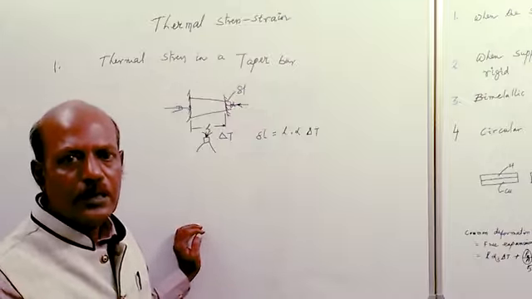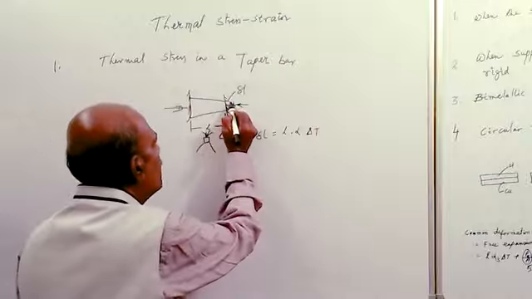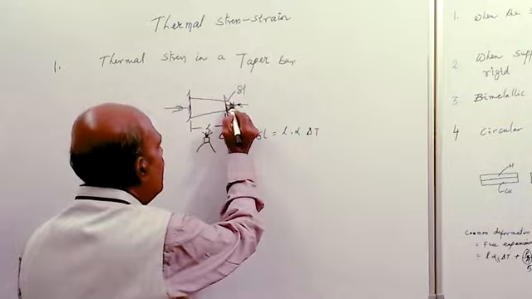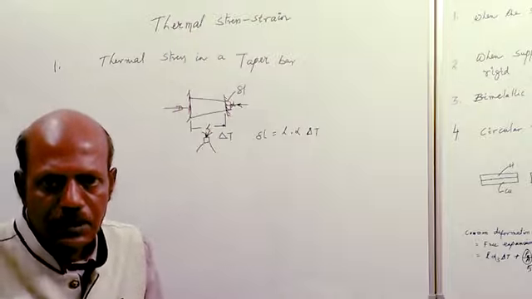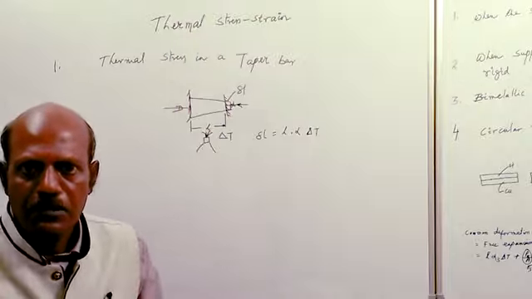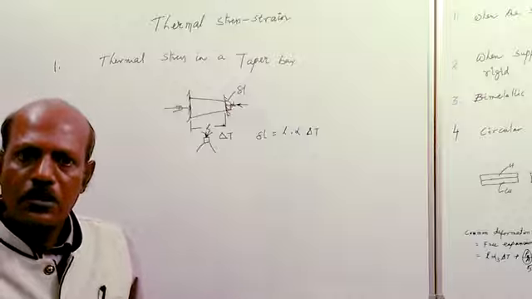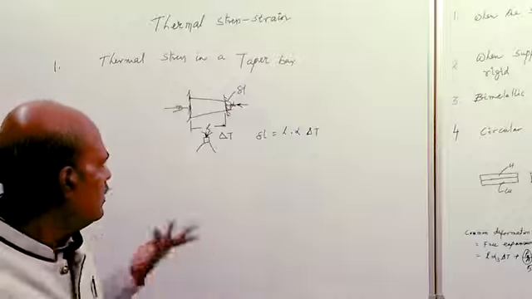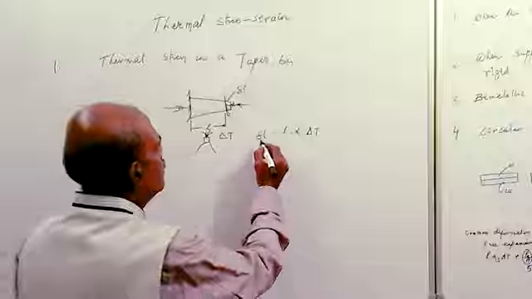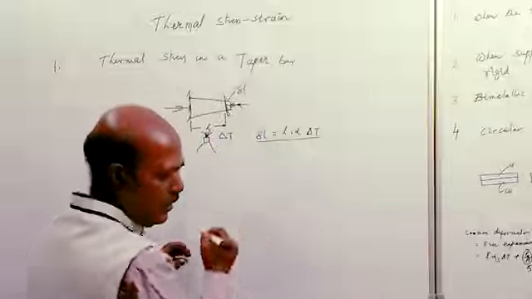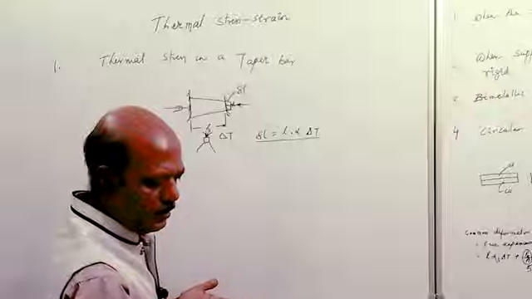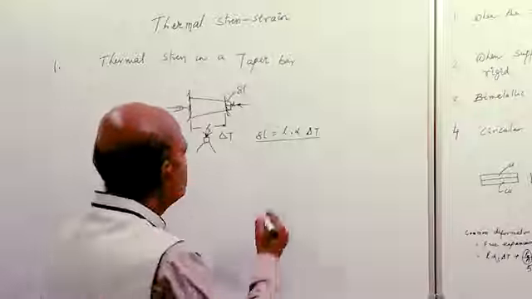Or in other words, the support will compress this delta L amount. So the kind of stress developed will be compressive stress. Now we have got this delta L, so strain as well as stress we can find easily.